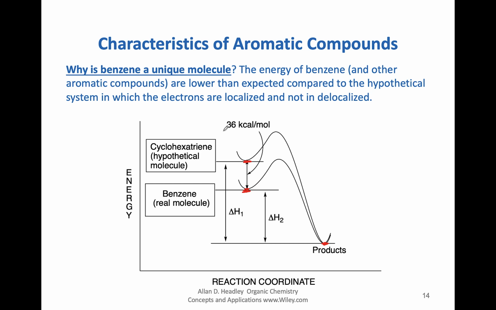The difference is 36 kcals. So we say that benzene is more stable than expected by 36 kcals per mole. You need not remember that exact number, but what you need to remember is that it is more stable than expected.